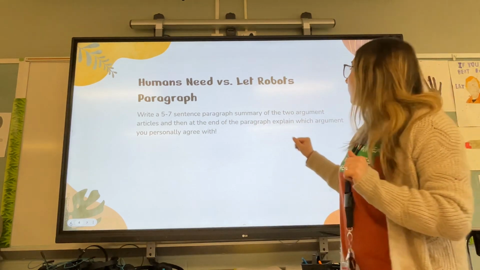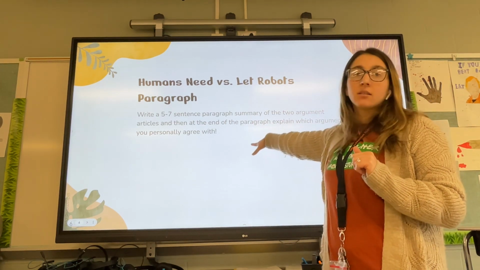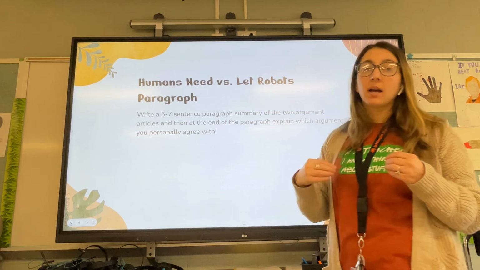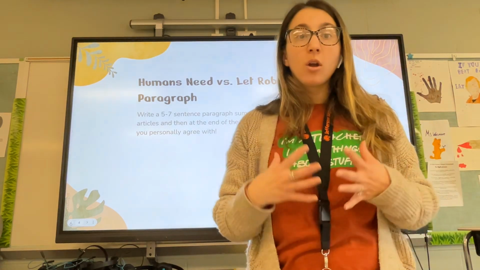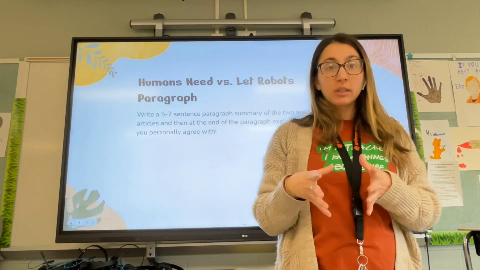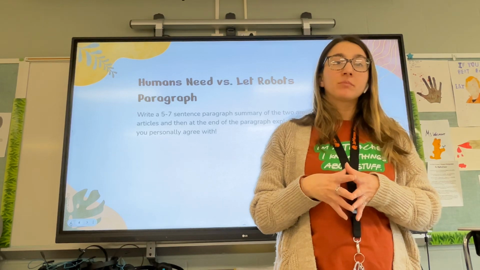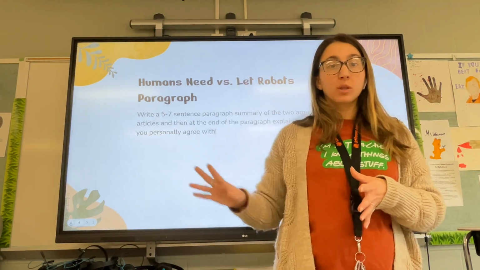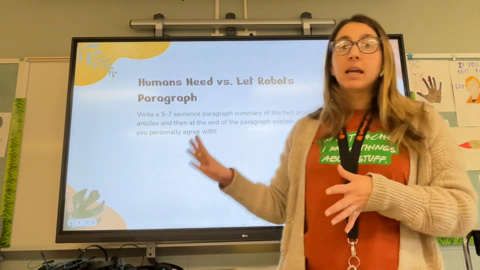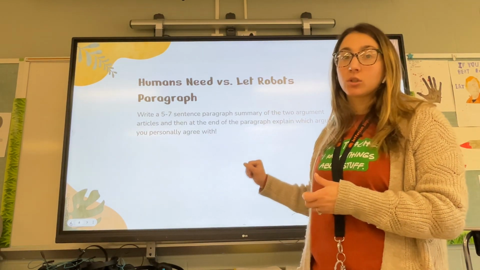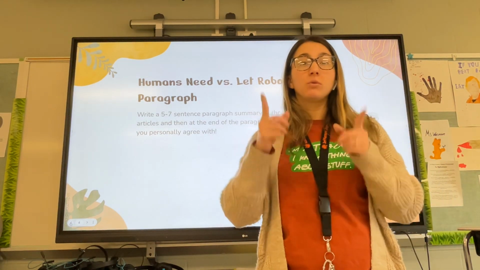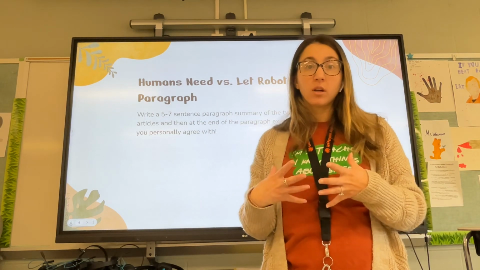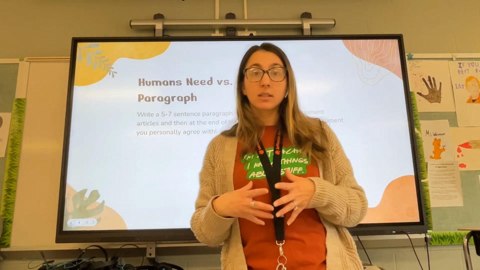Then at the end of this paragraph, you're going to have a sentence or two explaining which one you personally agree with, and why. You're summarizing what we've already talked about, and then you're telling me your opinion. Which one do you believe more based on the way that author conducted that article?